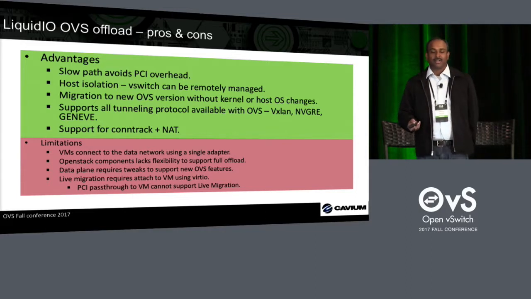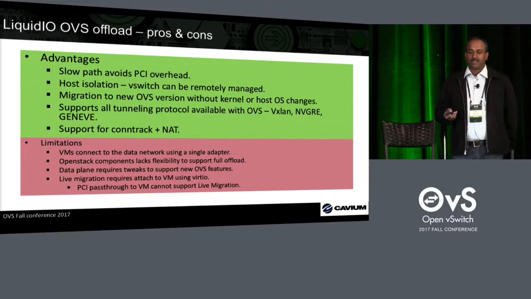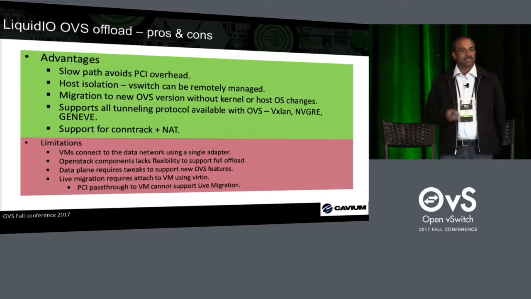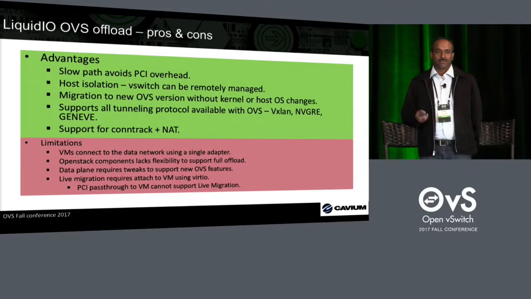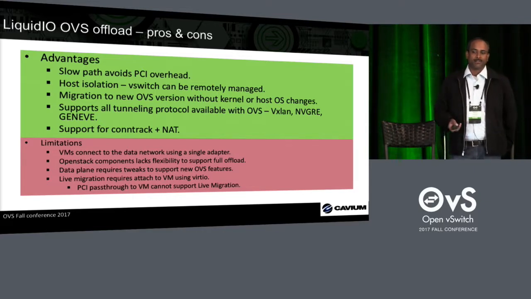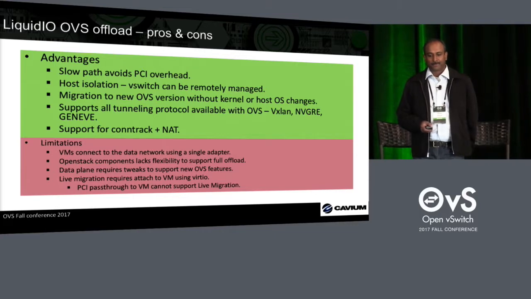We do support all the tunneling protocols that are supported by OVS: VXLAN, NVGRE, Geneve. There's some work going on with Geneve on the TLV options right now. And of course, because we are leveraging the kernel modules for conntrack and for NATing, we can support that. There are some limitations. I'll go about that in the next slide.